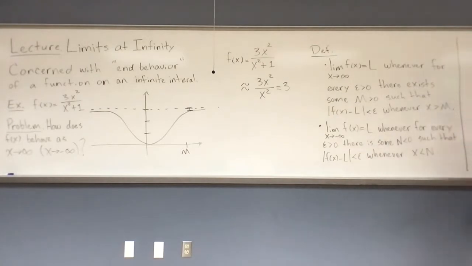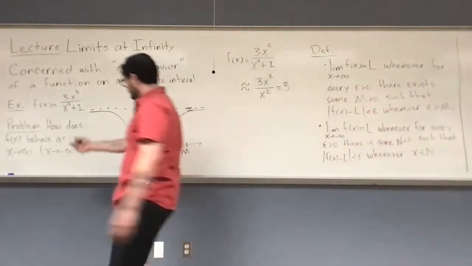So x is greater than m up here, but now down here it's less than n. That's because we're looking at x going this way, right?